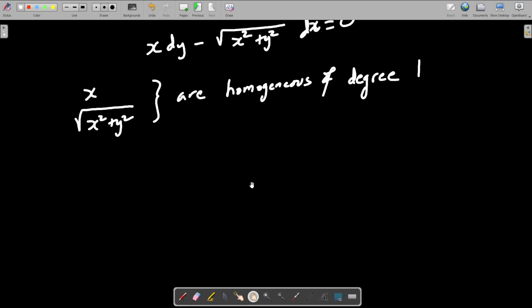So hence this equation is homogeneous and we can do the required part for us. Hence this is a homogeneous differential equation.